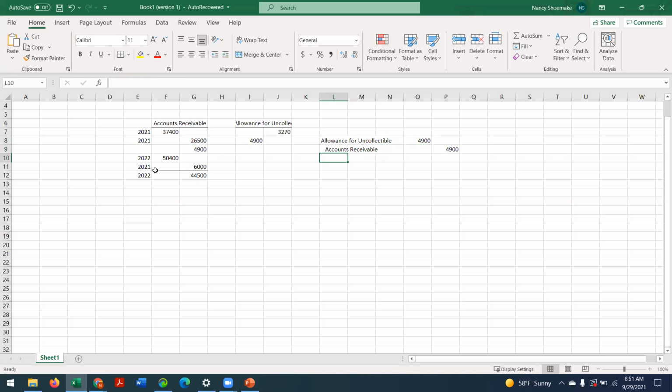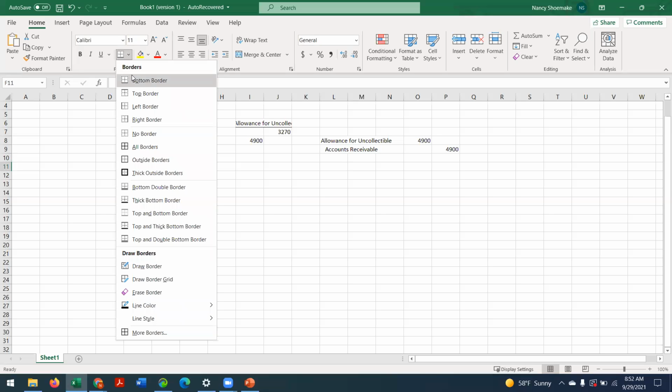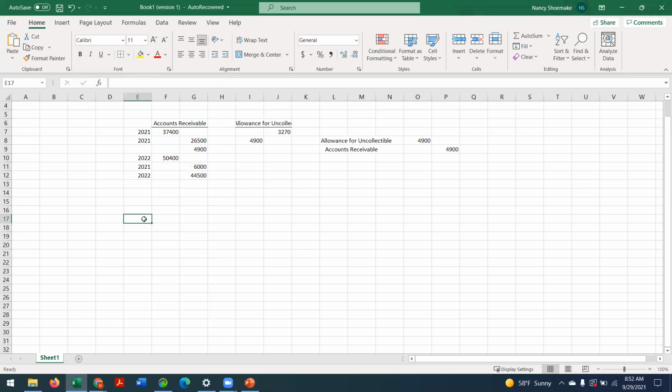Now I want to show our new balance. So our new balance is going to be the 50,400 minus our 44,500. We should have a new balance now of 5,900 sitting in our accounts receivable.